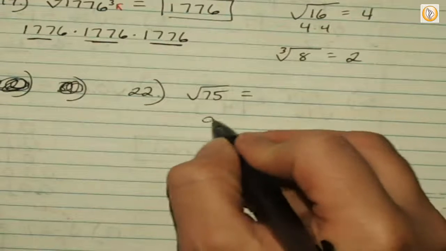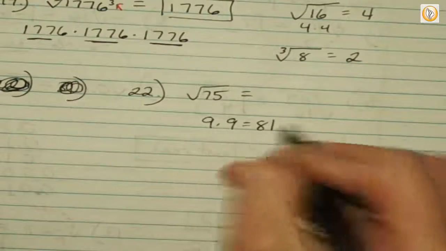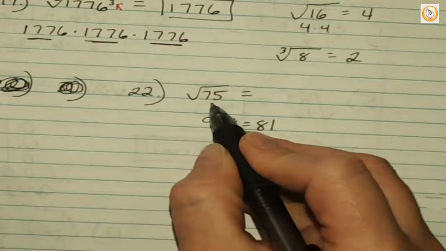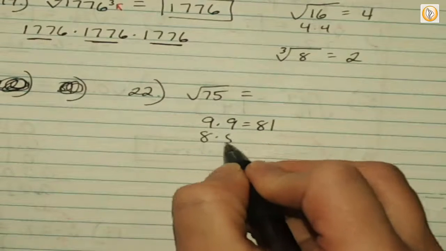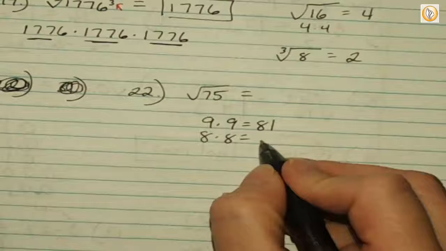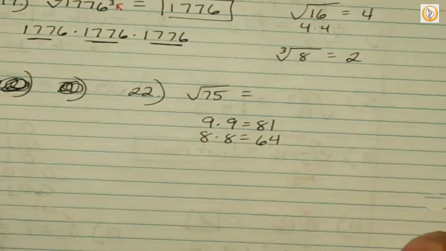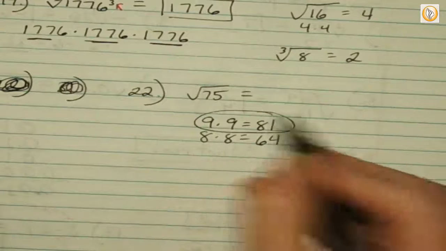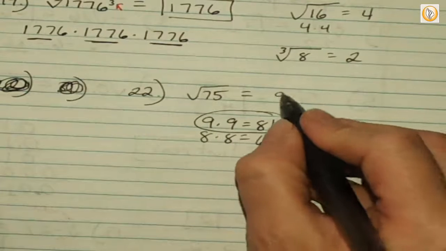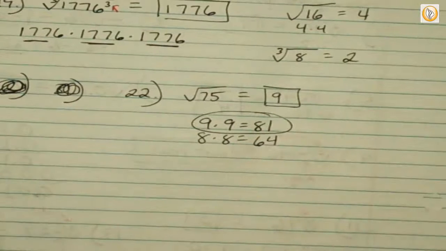Okay, so 9 times 9 gives us 81. That's a little above that. So let's try it. What's 8 times 8? 64. All right, so which number, 64 or 81, is closest to 75? 81. Bingo. So that's your answer.